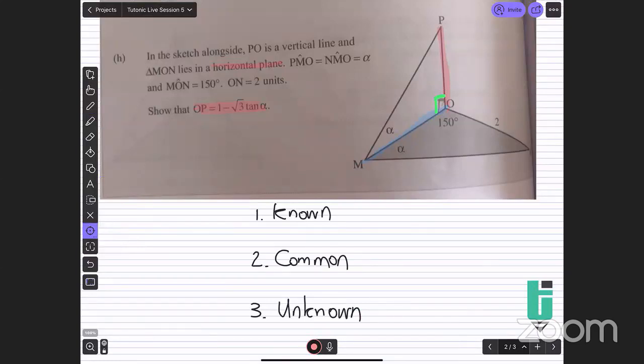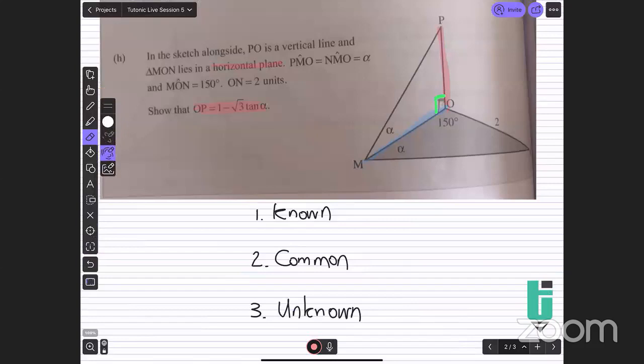But I usually start with what they're solving for. So they're solving for the unknown. Okay, so we're going from unknown to common to known. Do you guys see that? Unknown, common, known.